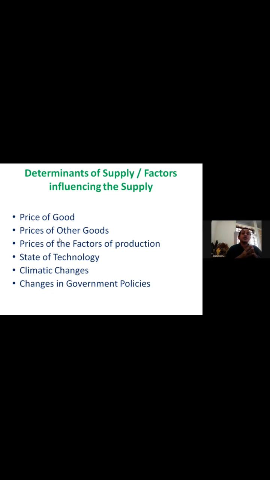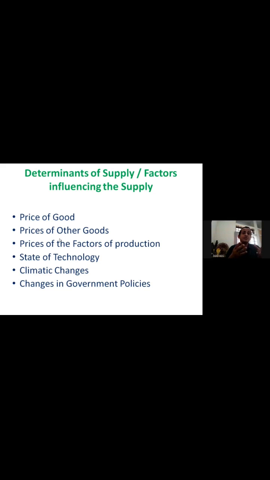Then state of technology. State of technology means how companies are adopting advanced technologies. Technologies are being introduced in the market by innovators.